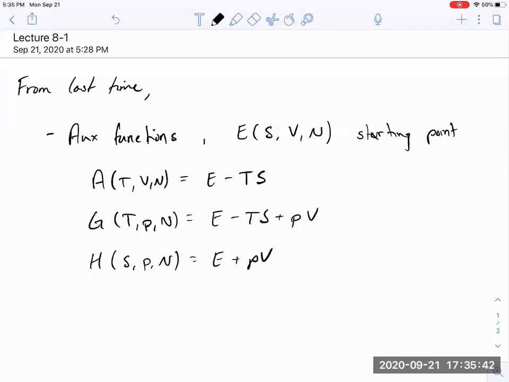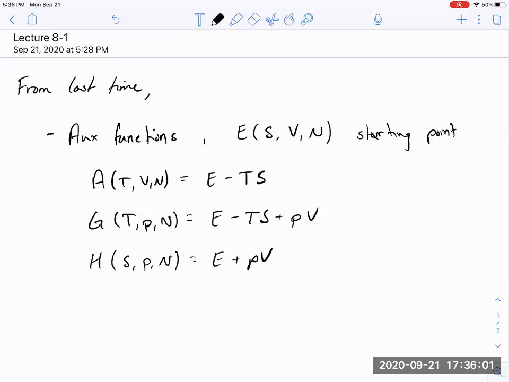Each of these functions, therefore, encode different sorts of physical systems where temperatures or pressures are being held fixed, and through which there are simplified expressions for things like the second law that we can write down.